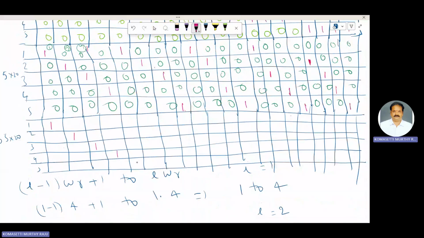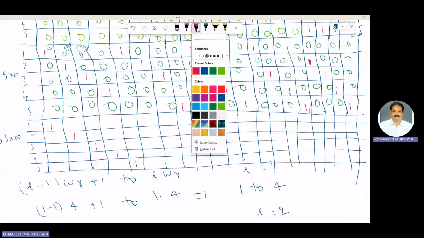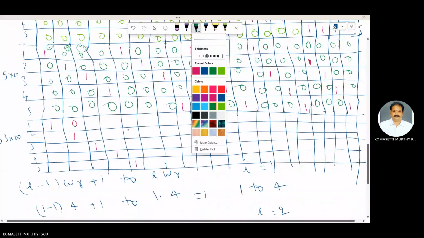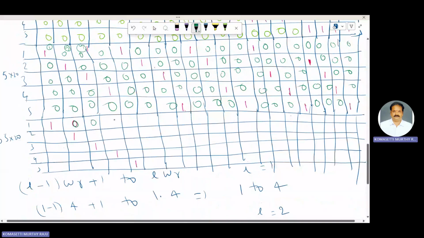Here 1 and here 1. 1, 2, 3, 4, 5 columns are completed. The remaining are zeros up to this one.